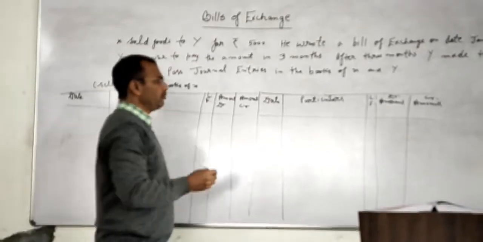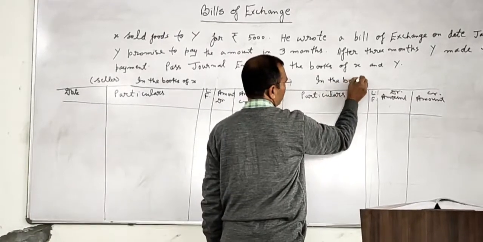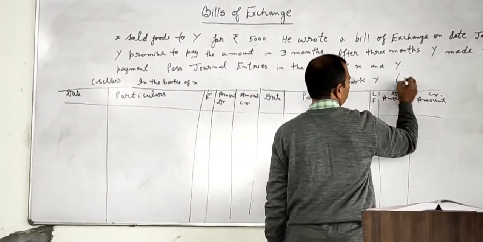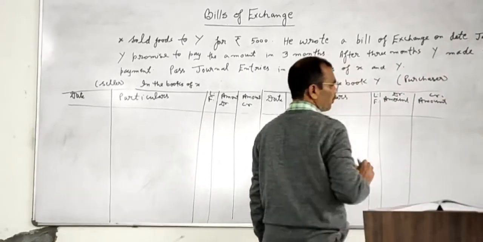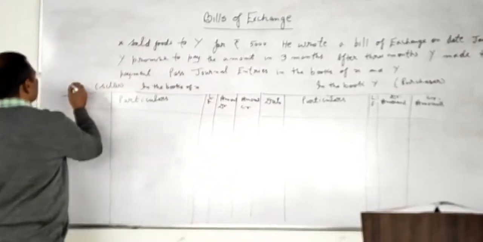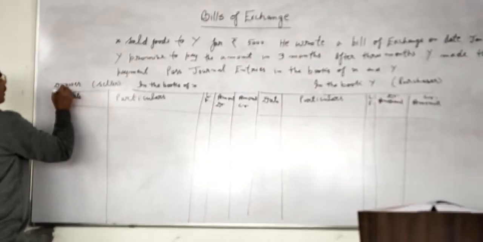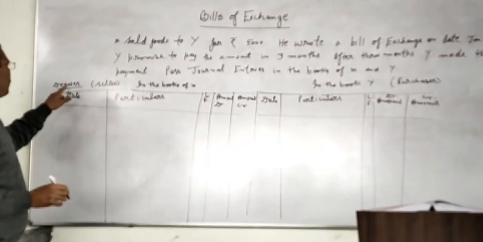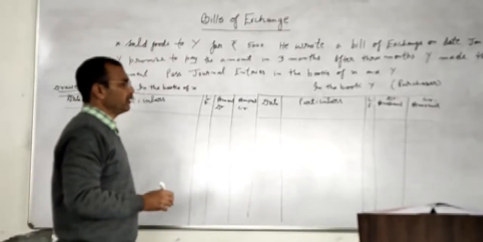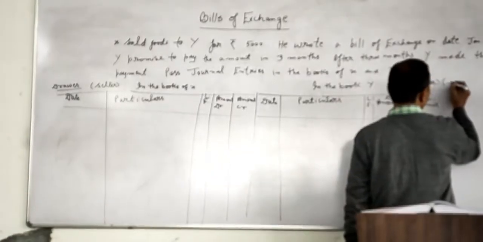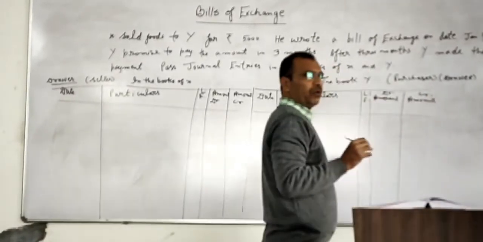And on the other page, we will write in the books of Y. Who is Y? Purchaser. The other name of the seller is drawer. I am writing it the first time; you will not write the name of drawer for seller. It is only for your understanding. The purchaser is also known by the name of drawee in the chapter.